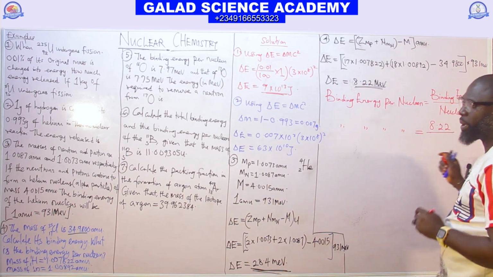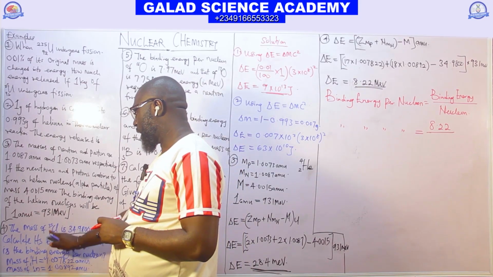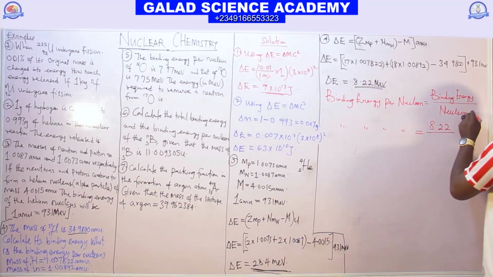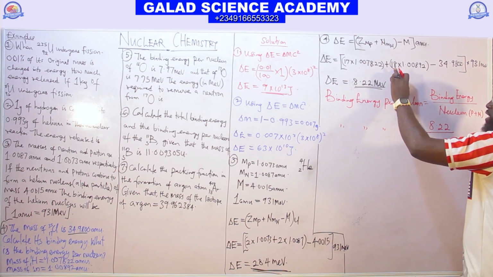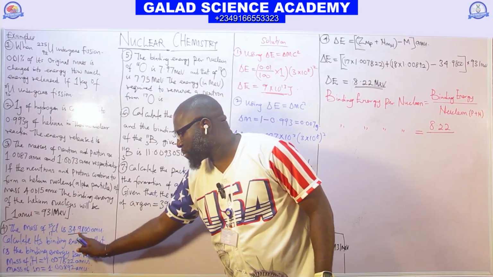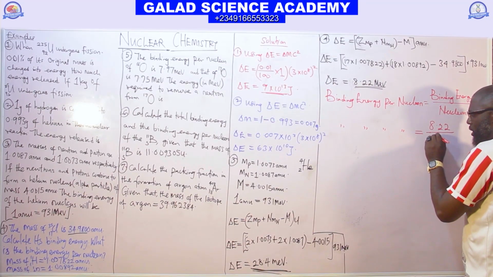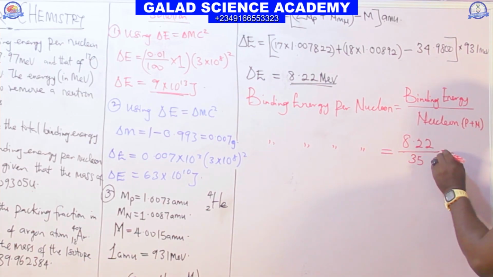The number of nucleons is the total number of protons and neutrons, which is 35. Proton here is 17 plus neutron 18, which is 35. So it is over 35. Help me press the calculator. What will be the final answer?